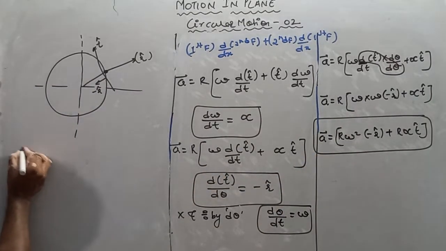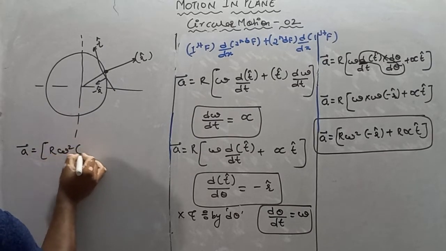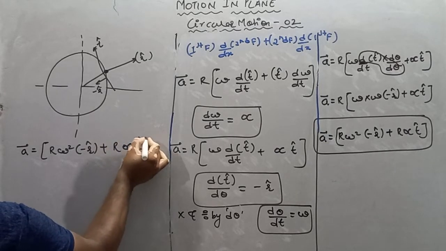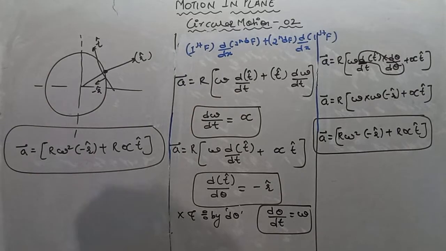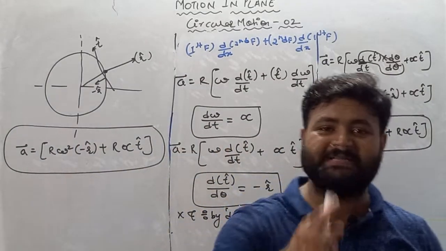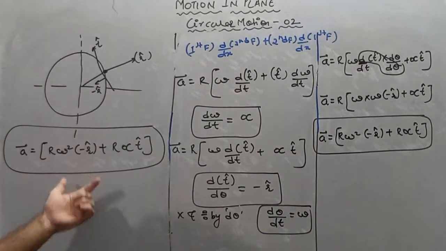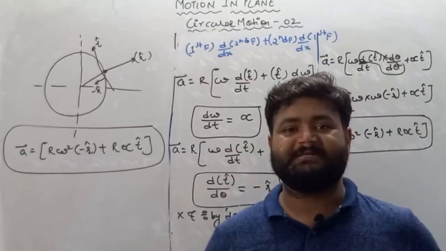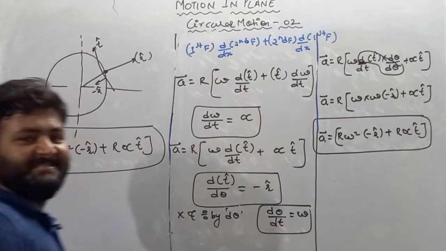a vector is equal to r omega square minus r cap plus r alpha t cap. Now see, my dear student, this relation shows that if the particle is performing circular motion, then the particle has two different accelerations.